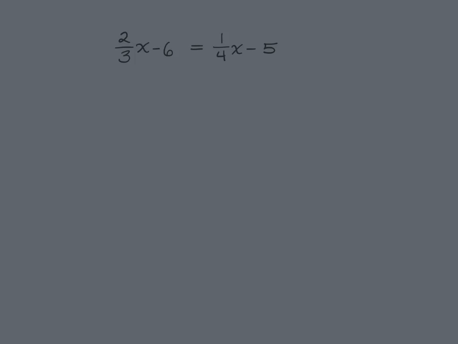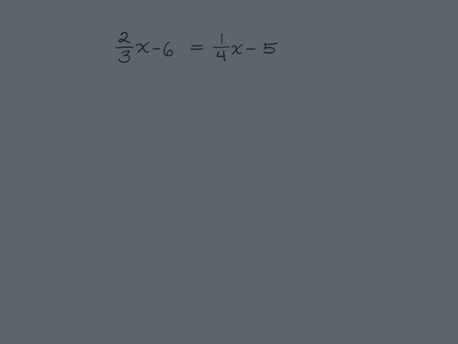When you clear a fraction, you have to multiply every single term in your equation by the same number. I can't multiply this one by 3 and this one by 4 because it's not going to keep your equation balanced. So what we're going to do is multiply by the smallest common multiple that 3 and 4 both have in common, which is 12.